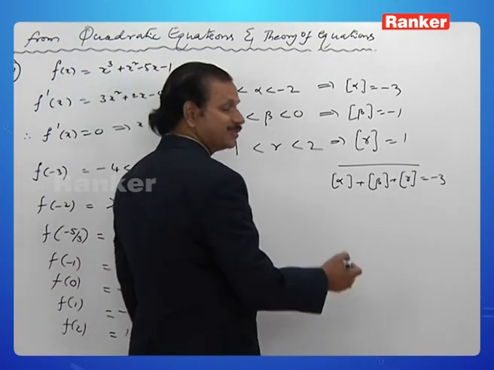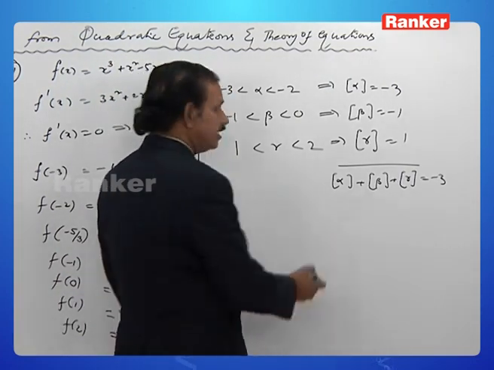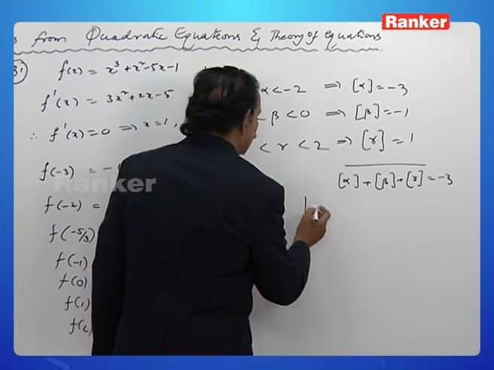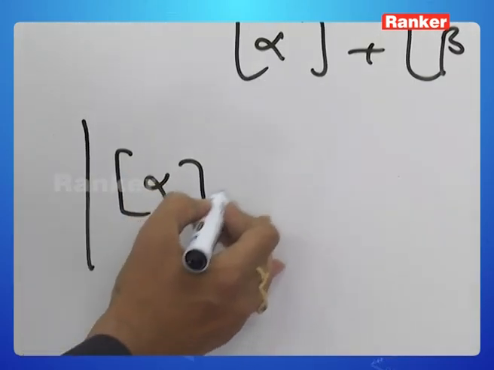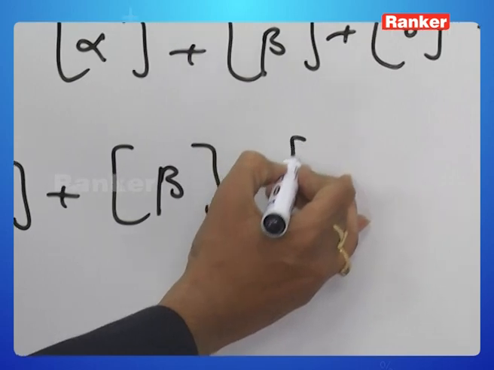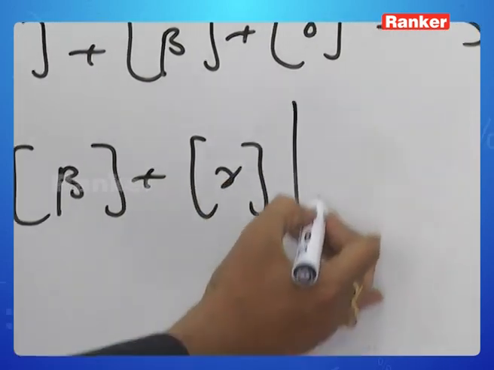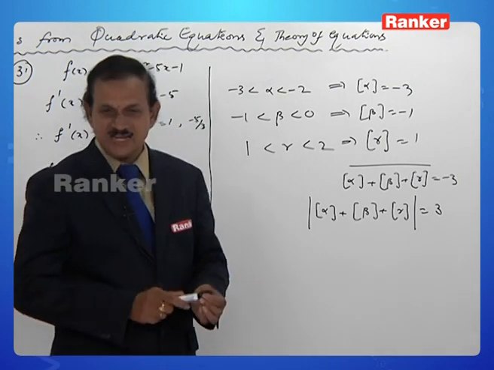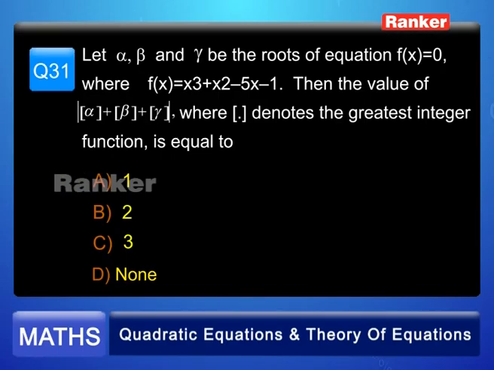But this is not the required one. He has asked us to have the absolute value, that is modulus of this value. Absolute value is of course 3. Is it available in the option? Yes, it is. The third option, option C, is the right option for this one.